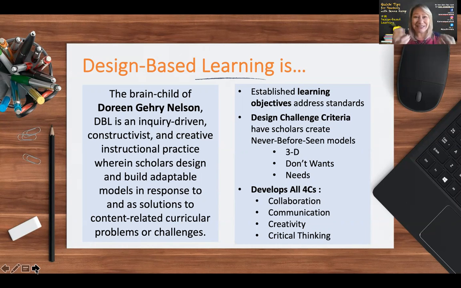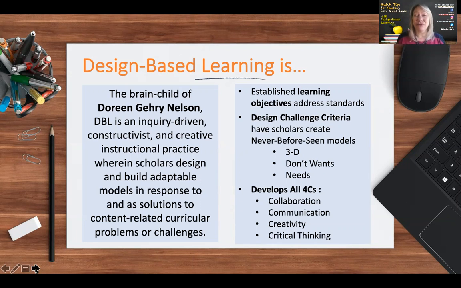This is a tactile, manipulative, constructivist activity. Kids are working with their hands, with each other, building something physical, right? And then the teacher, along with the scholars, creates a criteria set of things the model must not be, the don't wants, as well as the criteria that the model must meet, the needs.